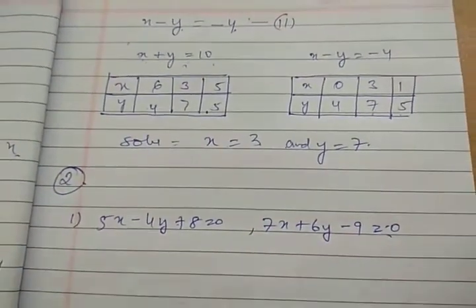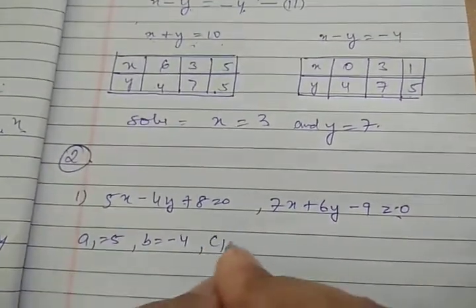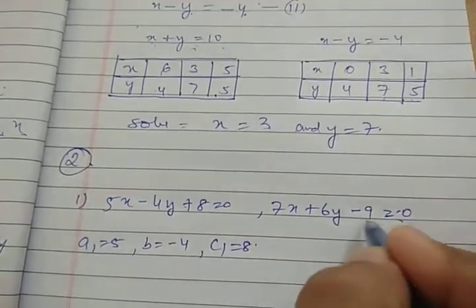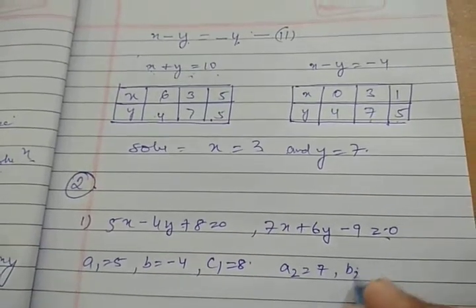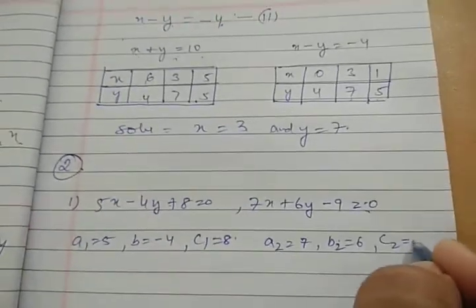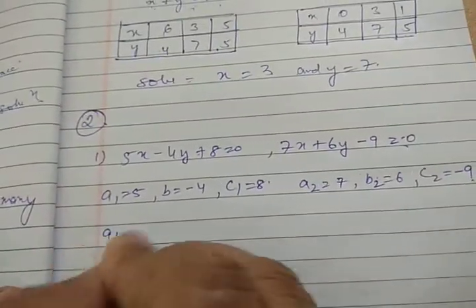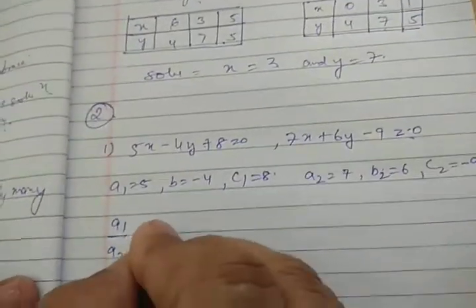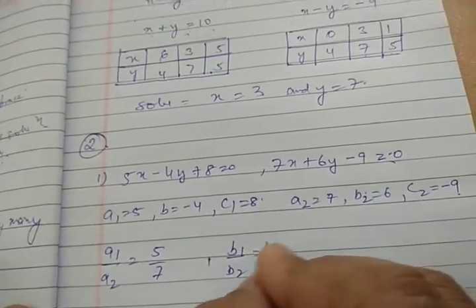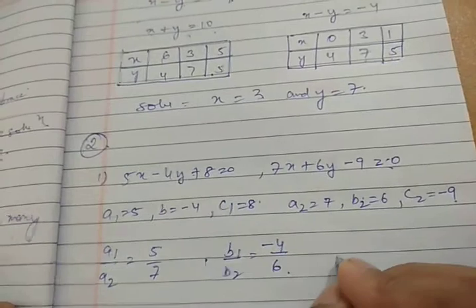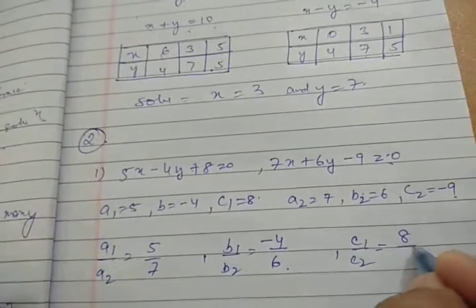From here we can get the coefficients. a1 is equal to 5, b1 is equal to minus 4 and c1 is equal to 8. For this one we have a2 equal to 7, b2 equal to 6 and c2 equal to minus 9. Now we can compare the quotients: a1 upon a2 is equal to 5 upon 7, b1 upon b2 is equal to minus 4 upon 6, and c1 upon c2 is equal to 8 upon minus 9.